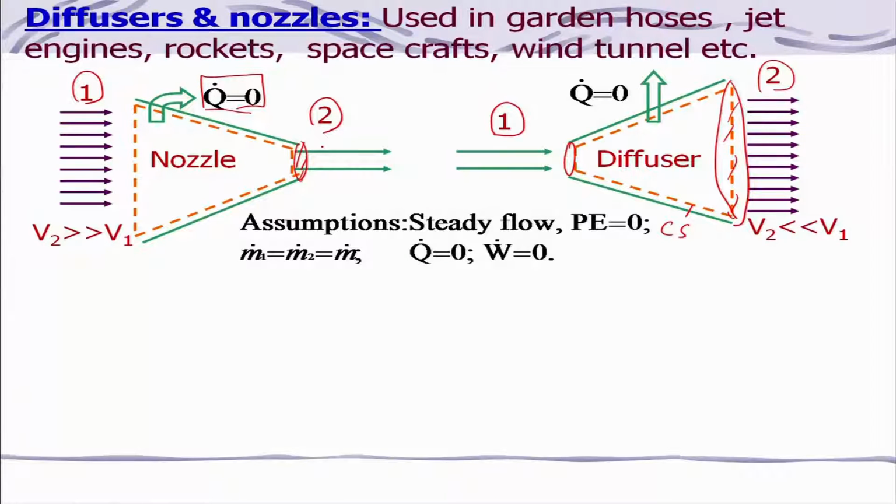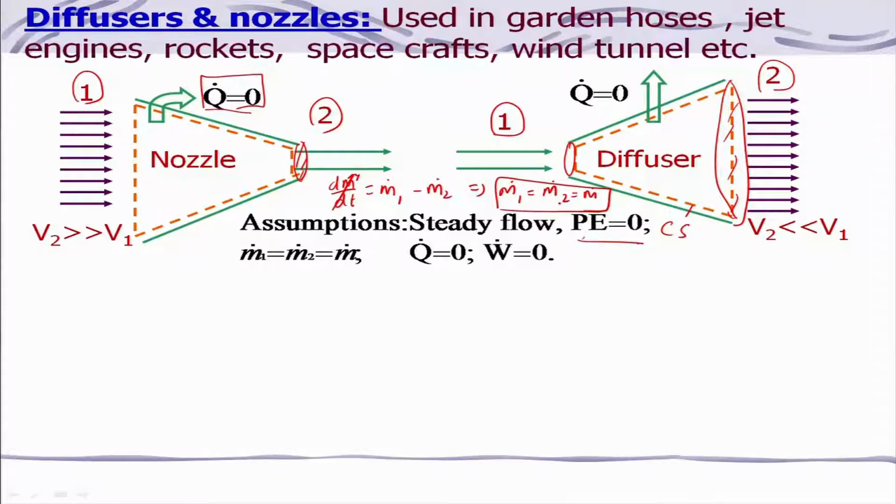For the steady flow process, we apply the mass conservation equation: dm by dt is nothing but m dot 1 minus m dot 2, which is equal to 0. Therefore, m dot 1 is equal to m dot 2 is equal to m dot, right.